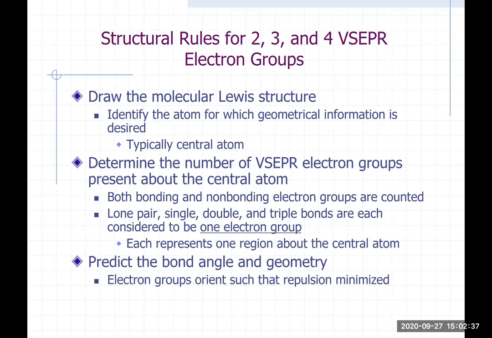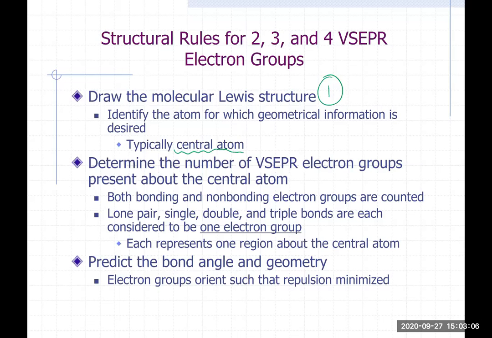So step 1, literally, is draw the Lewis structure. That's what you have to do first. You cannot make a determination about the bonding and non-bonding electron groups unless you draw the Lewis structure. Then you identify the atom that you want the geometry for, and that's typically the central atom. I will show you some examples of cases where we have more than one central atom at the end of this VSEPR lecture.